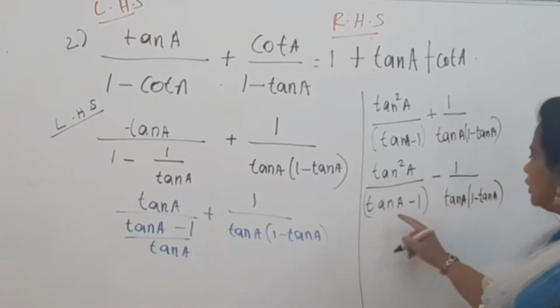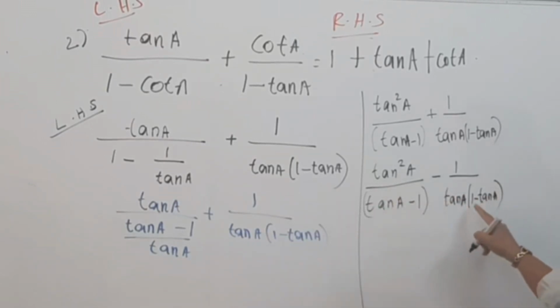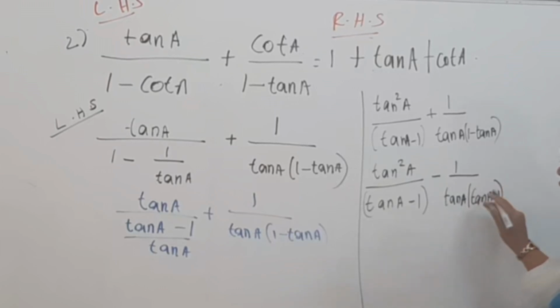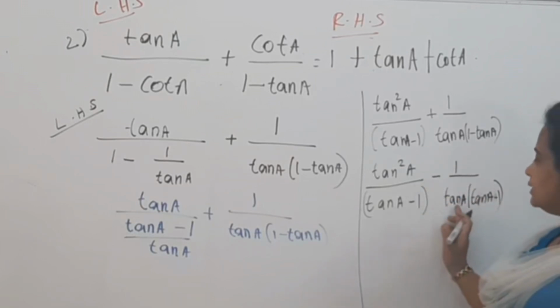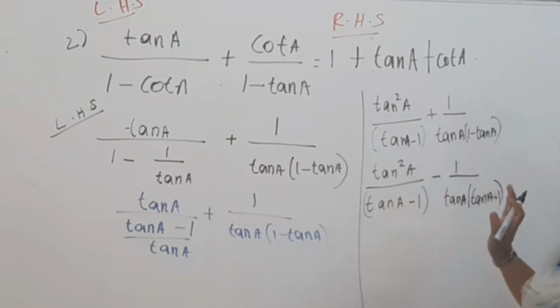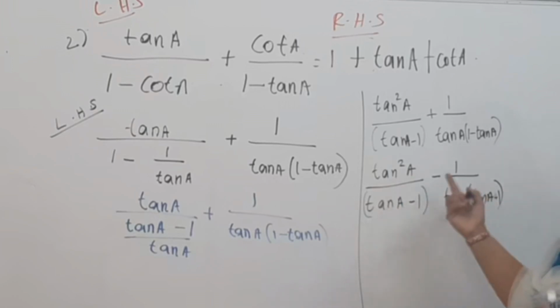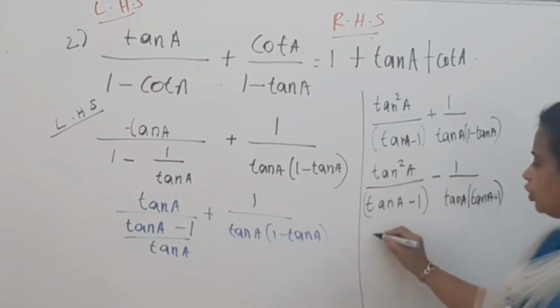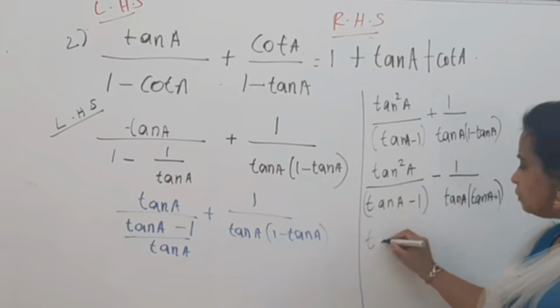Now I got tan A minus 1 and tan A minus 1. So this is also tan A minus 1. I got both the same. Now I am going to take the LCM. So only tan A into tan A minus 1 is the LCM. Tan A minus 1 is already there, so I have to multiply only by tan A. So this is multiplied.